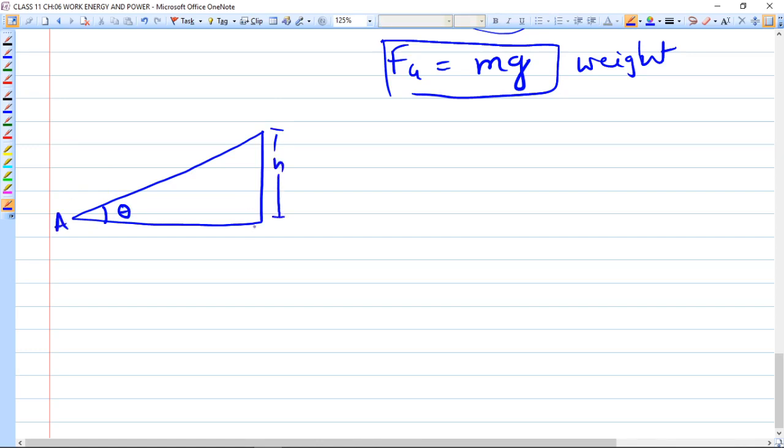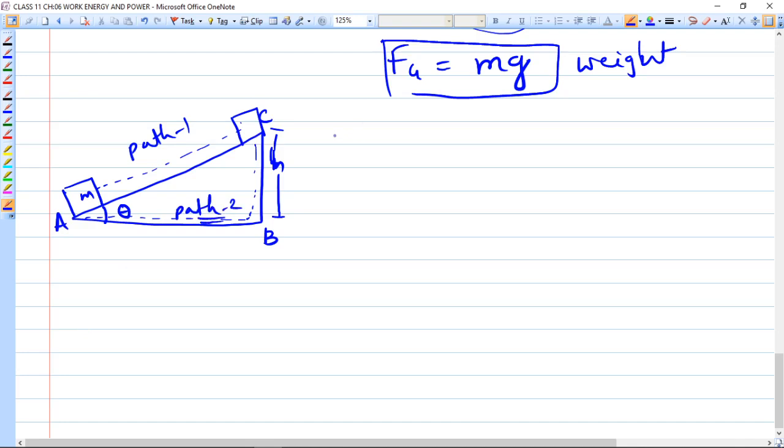This is point a, this is b, this is c. Suppose there is a block having mass m which is moved from a to c. This is path number 1, and let me give you another path like this. This is path 2.